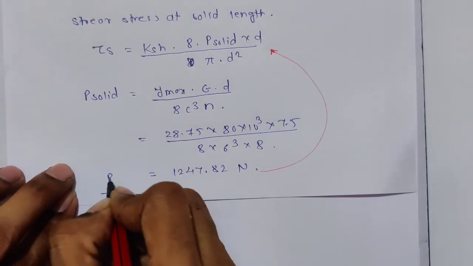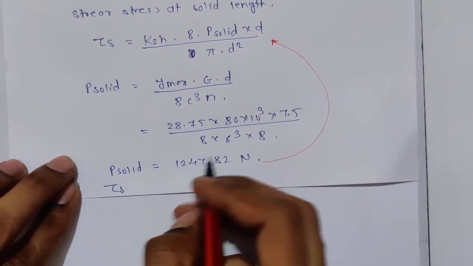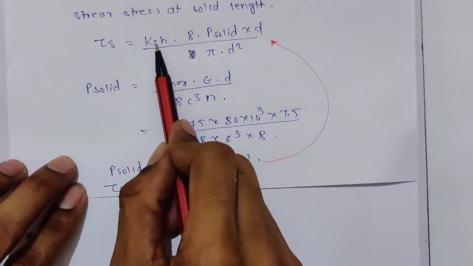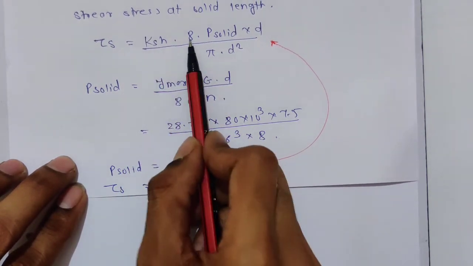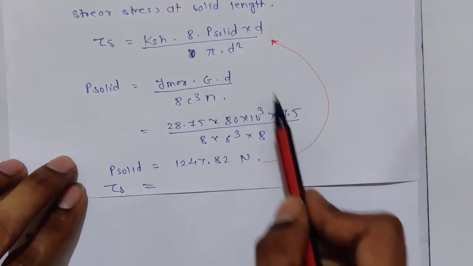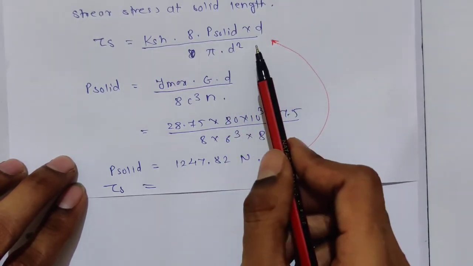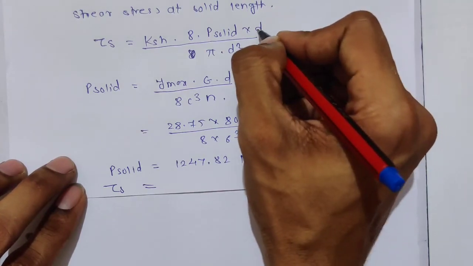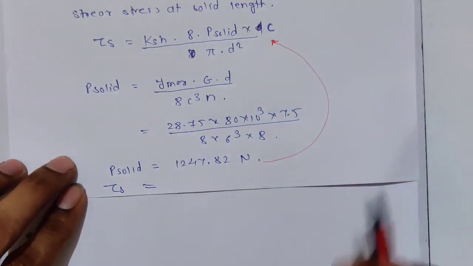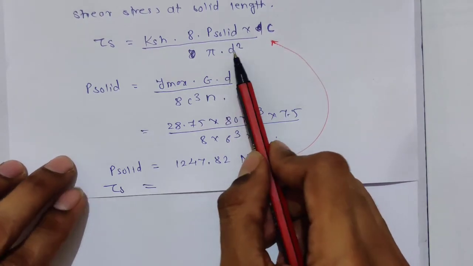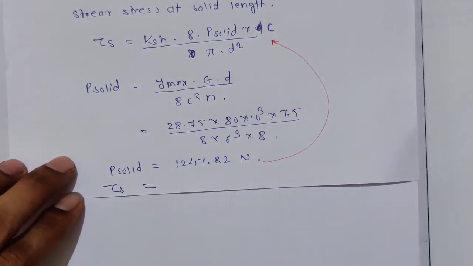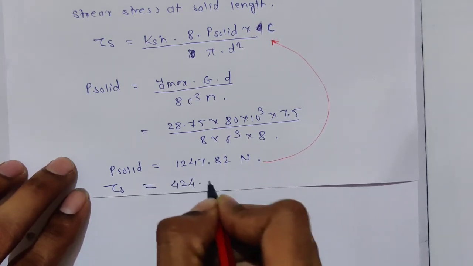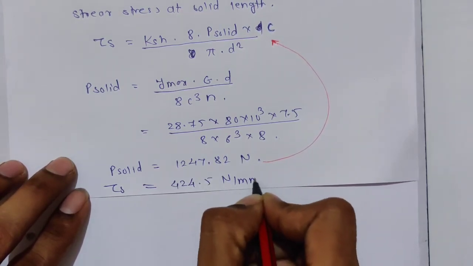KSH is 1.25, into 8, P solid is this value, into D, which is 7.5, divided by C, which is 6, into pi into D square, and you will get a value of about 404.5 Newton per mm square.